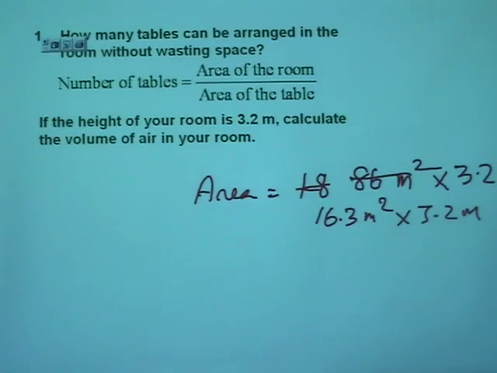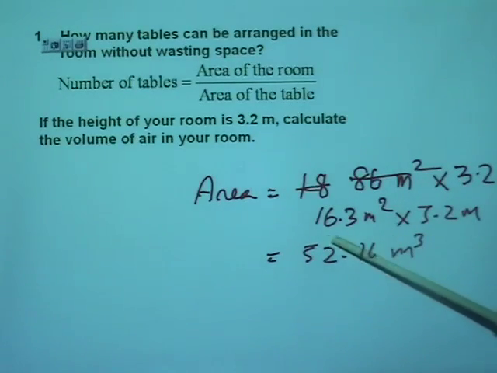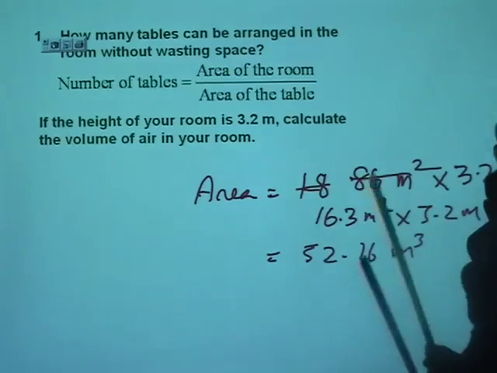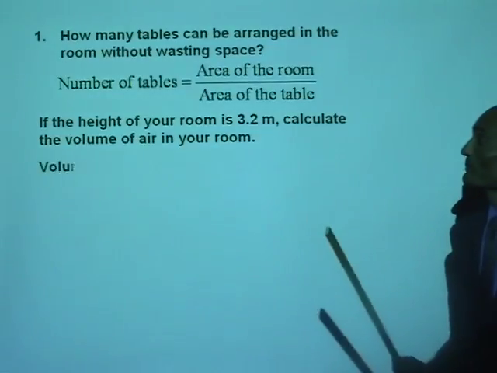So that will be 16.3 multiplied by 3.2. Let me do it again, 16.3 multiplied by 3.2 is 52.16. I got it as 52.16 cubic meter is the volume of air in the room. So now I know the volume of the air in the room in meter cube.